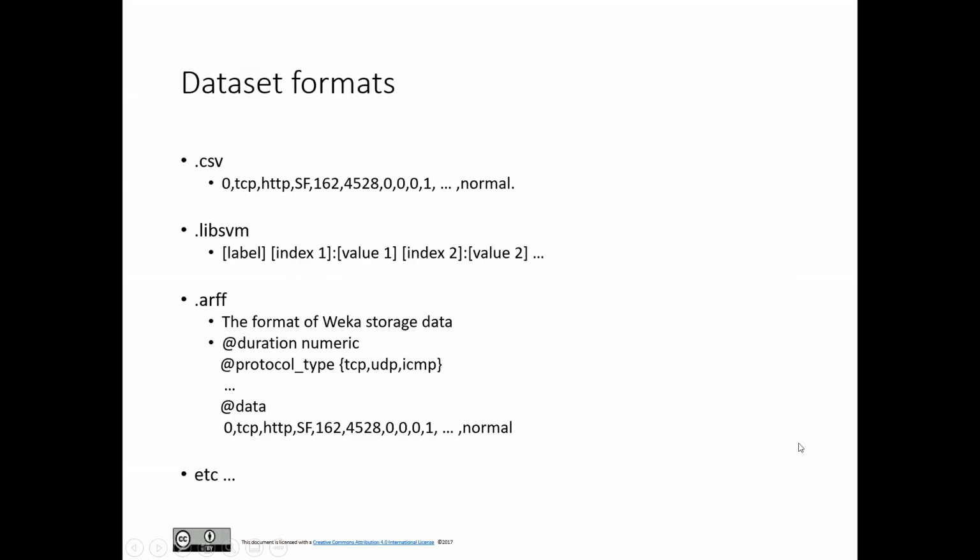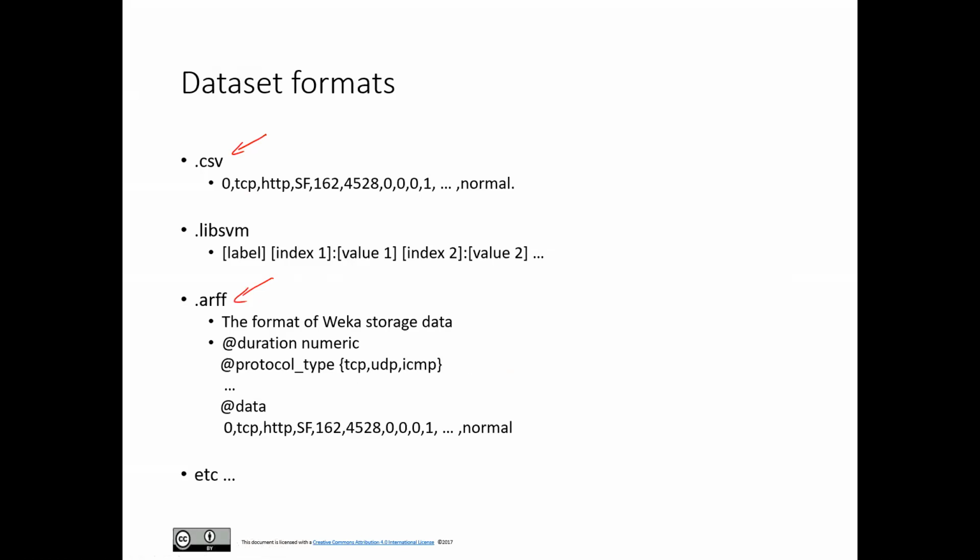Okay, so as I was saying, we're going to start with Weka today. These are the data sets we're going to use. There are basically many types of data set formats out there. The main ones that we're going to use are CSV or ARFF. We're going to start with CSV as the most intuitive one.